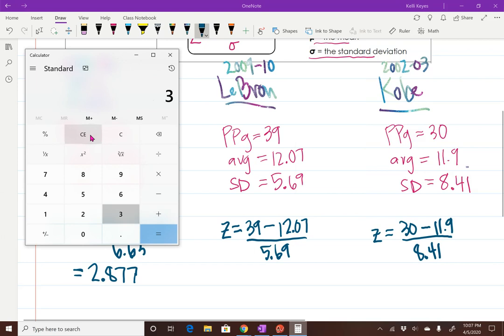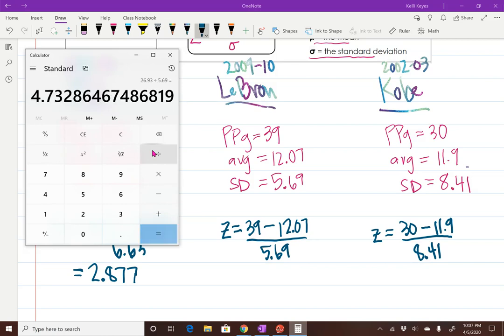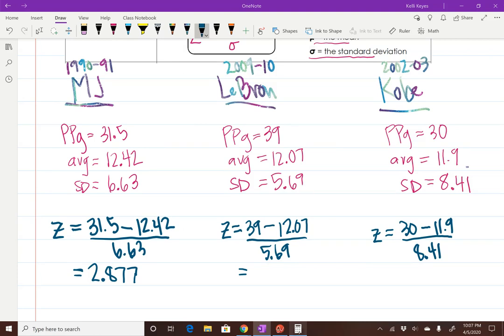LeBron's is 39 minus the 12.07. Get that. And then we go divided by 5.69. LeBron's is 4.73.